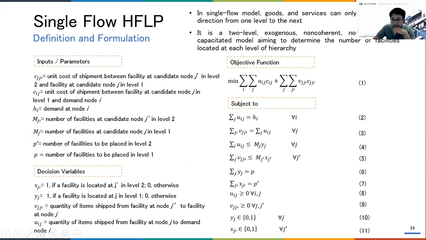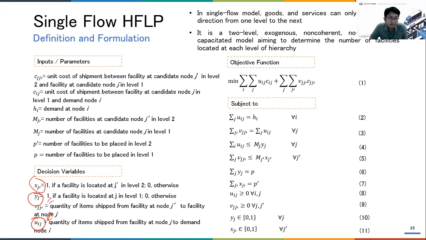And then the decision variables: we will have 3, and then 1 helper decision variable, which will be calculated in the constraint. So X J accent is whether you will use facility J accent in level 2. YJ is whether you are going to use the particular facility J at level 1.